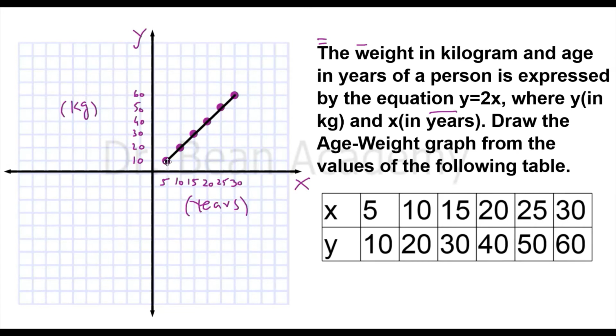That is what this line is showing, because this line is going up and up. One more important thing is that this relationship is linear. It means the graph of this equation is a straight line.